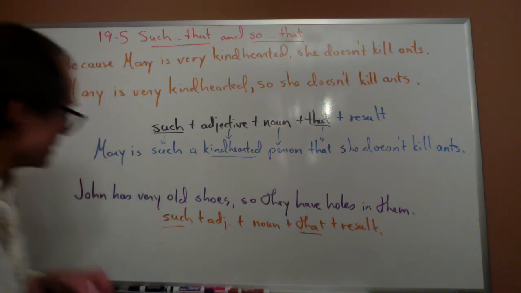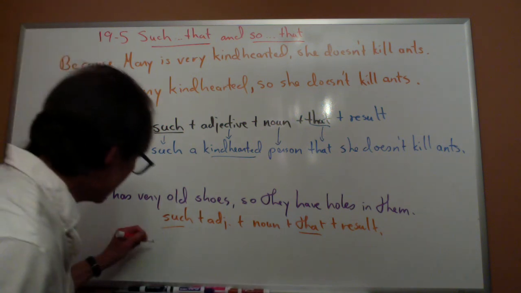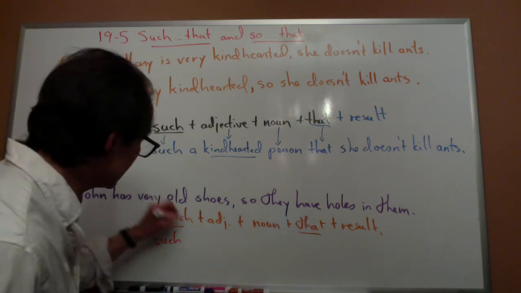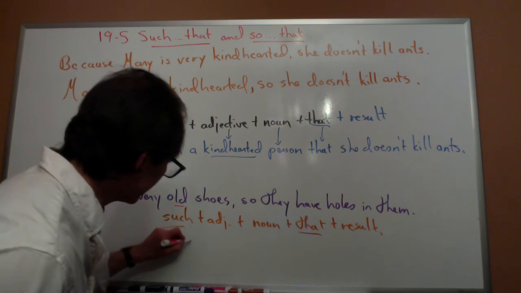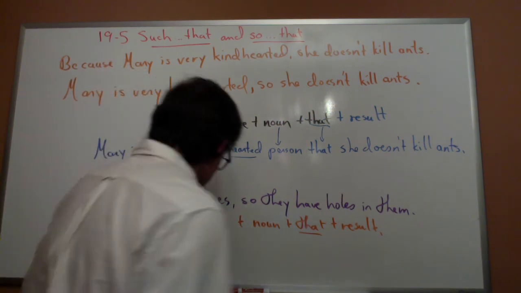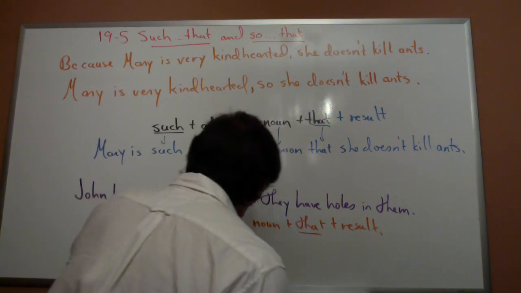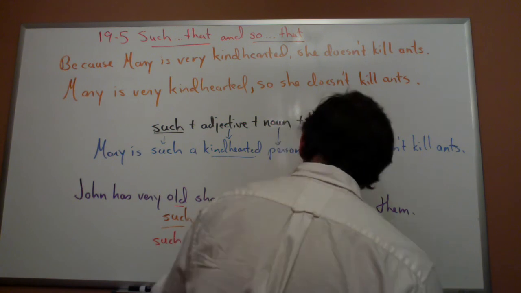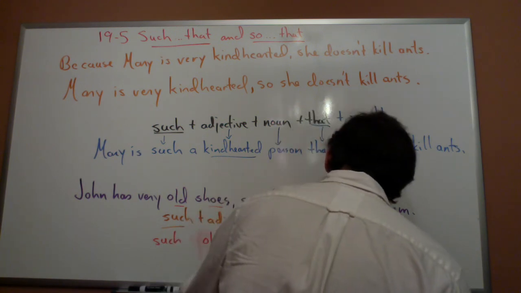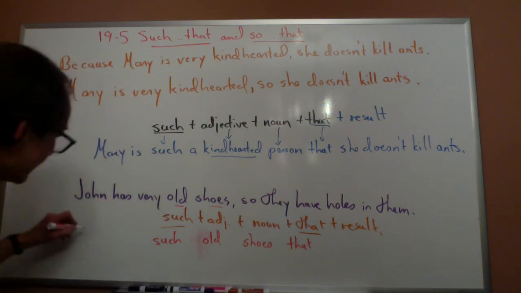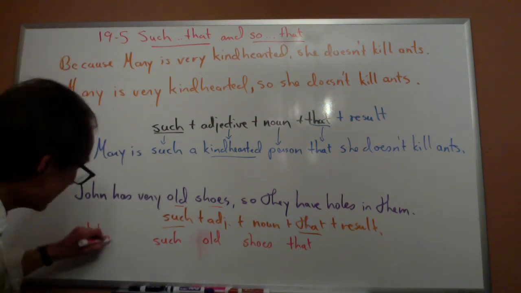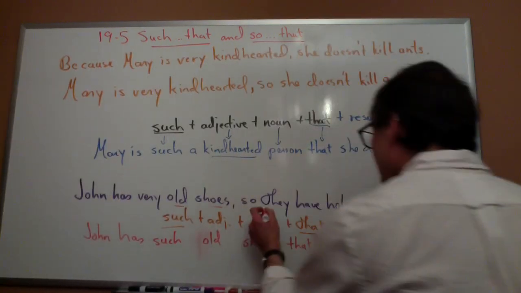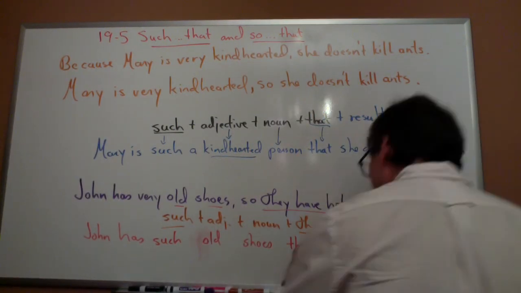So I could say, so here, I could say such, and then the adjective here is old. I could say such old, and then the noun is shoes. Shoes, and then I have that and the result. So I could say, John has such old shoes that, and the result is, they have holes in them.